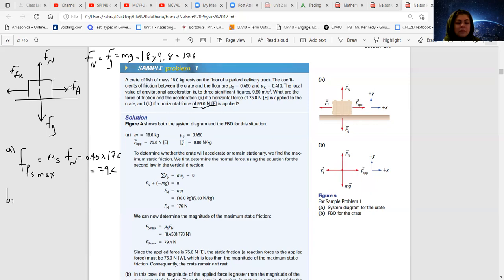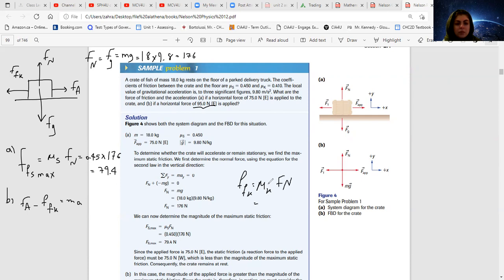So in the X direction, you have F applied minus F friction kinetic is equal to ma. F friction kinetic is mu k multiplied by F n. F n still will be the same.